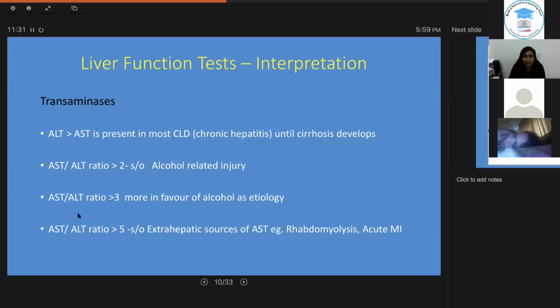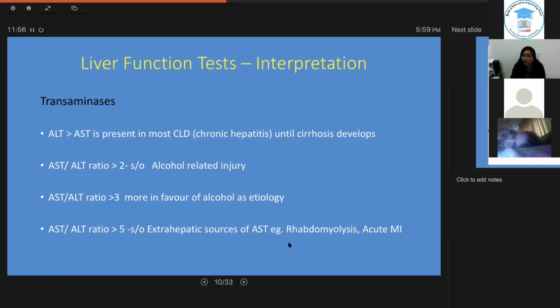But if we see this ratio more than 3, then we should think that the patient is falsely denying the history of alcohol. And if the AST is more than 5 times, that shows that we must look for something extrahepatic.